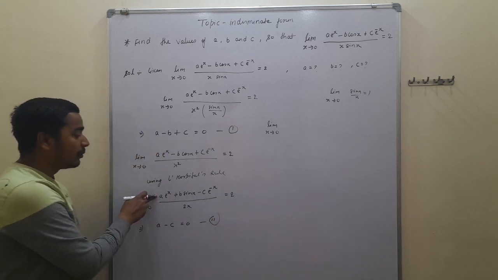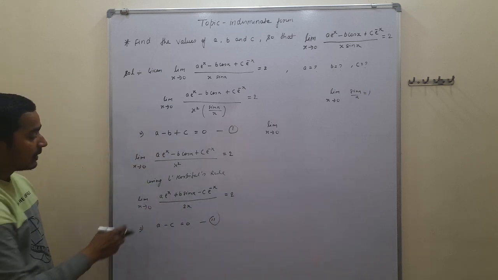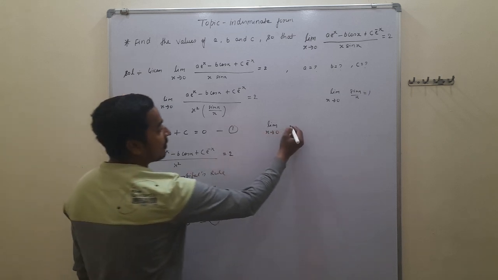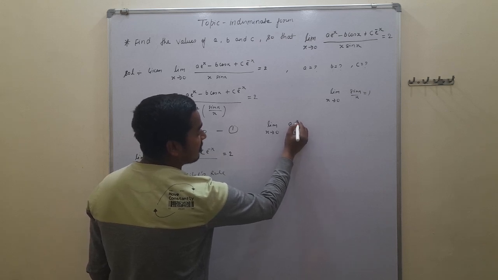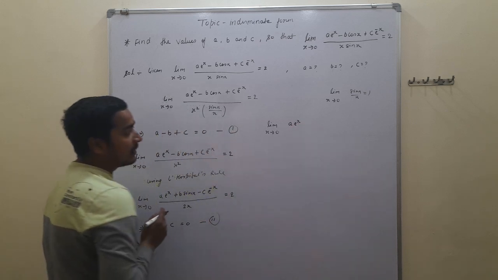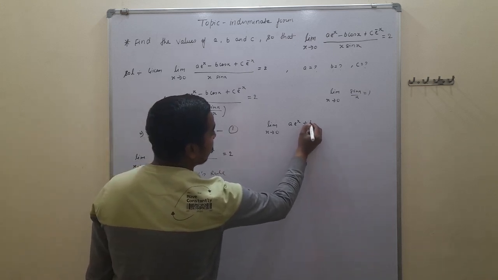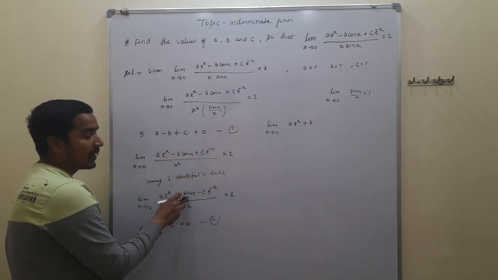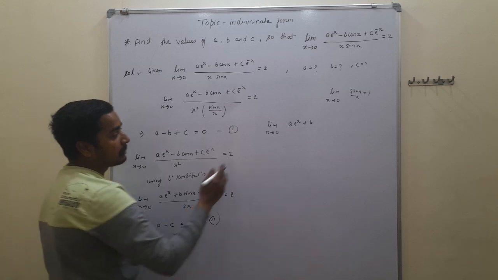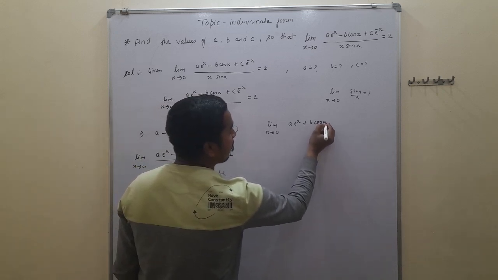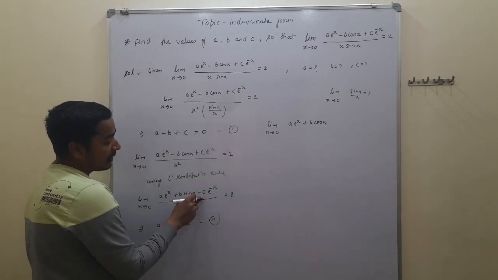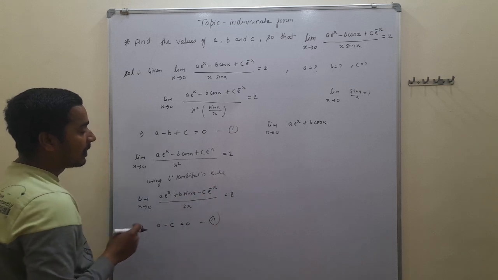Again differentiating numerator and denominator separately, this gives a e to the power of x, differentiating e to the power of x we get e to the power of x, plus b. Differentiating sin x with respect to x gives cos x, and here minus c e to the power of minus x.